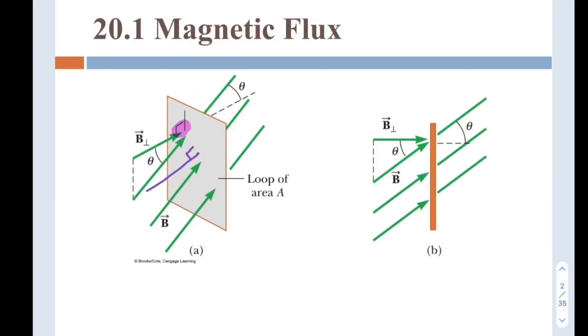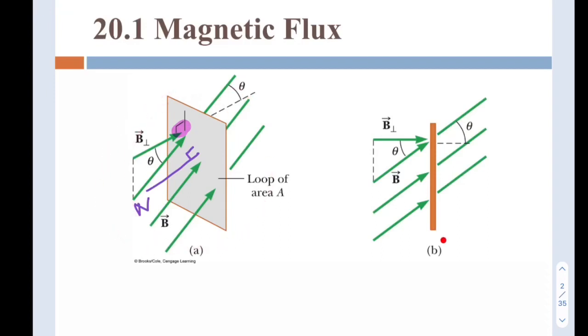So here is the normal line of the A. The angle is also the same, meaning if you resolve the B, you are going to use this angle, to make the B perpendicular to the plane, or you resolve the plane to make it perpendicular to the B, either one, right? So this is a 3D view, XYZ.